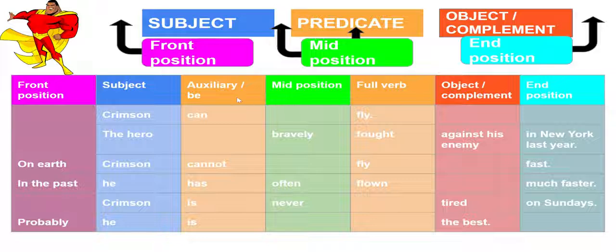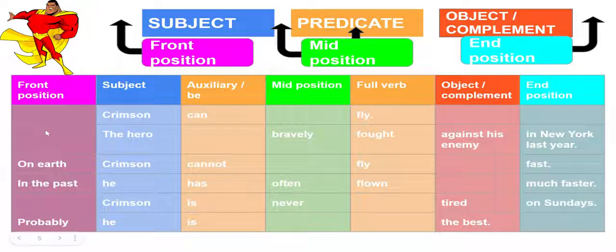That's why they have the same color here. And you can see there is room between the auxiliary and the full verb that can be occupied by an adverb. Okay? So front position, mid position, or end position.